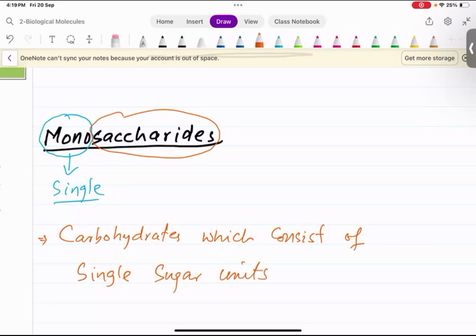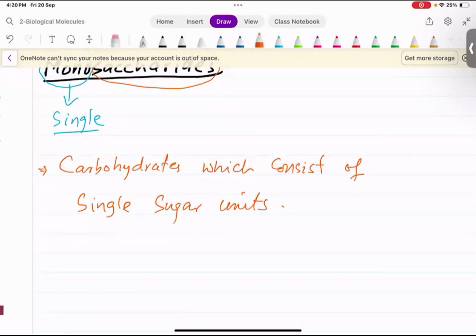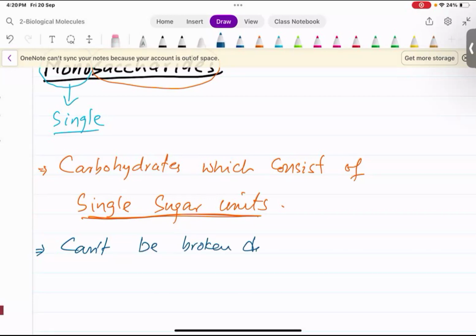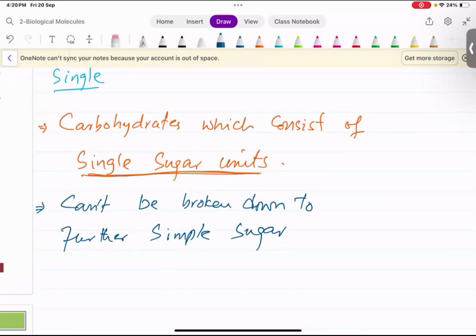Okay. They have only one unit, single sugar unit. मतलब ये है कि they cannot be broken down to further simple sugars. They are already simple sugars. They cannot be further broken down to simple sugars. These are known as simple sugars. So these are monosaccharides.